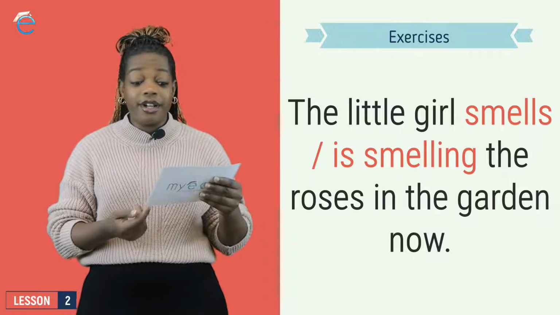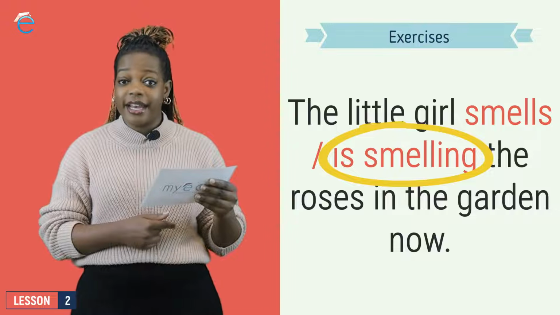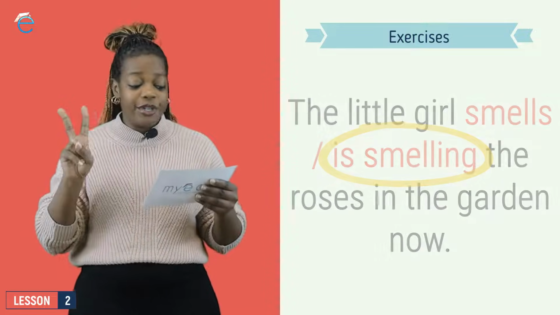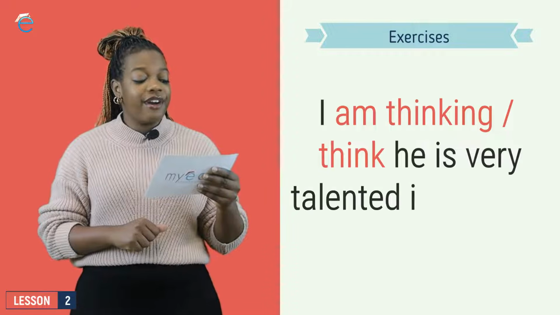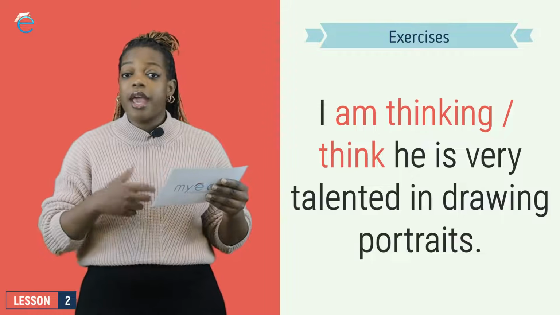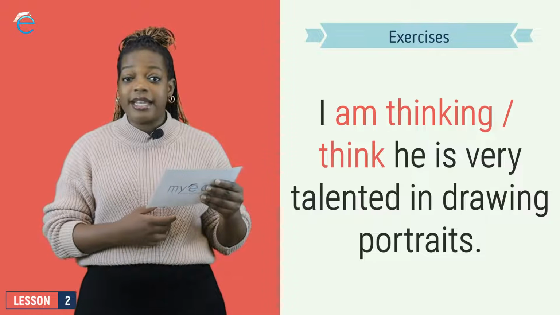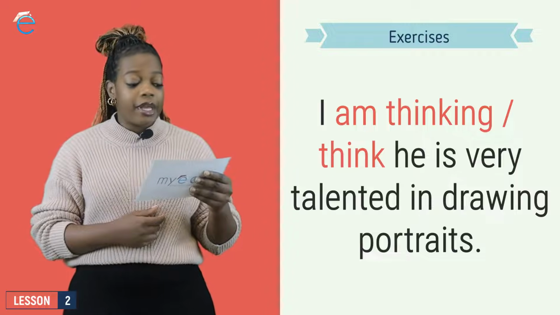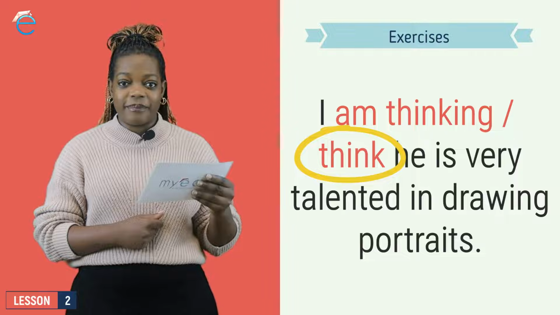The little girl is smelling the roses in the garden now. Number 2, I am think he is very talented in drawing portraits. An opinion is a general statement. It's unobservable. I think he is very talented.